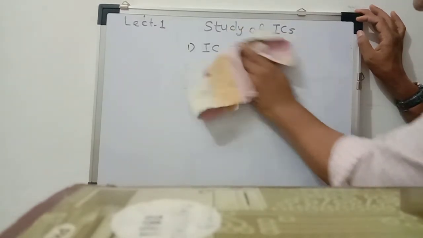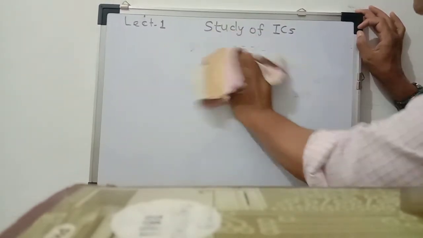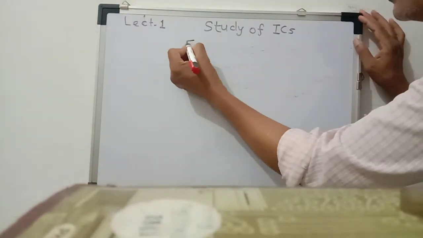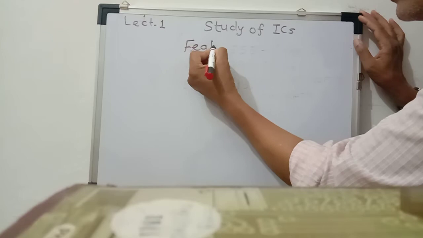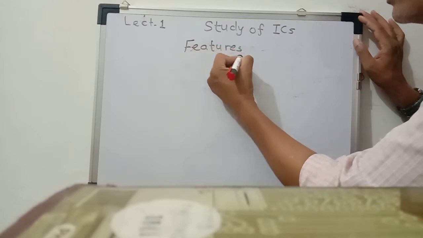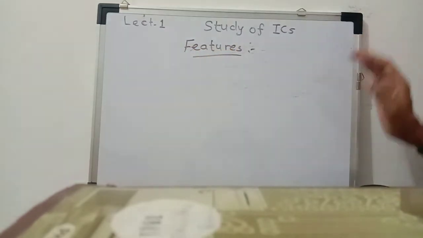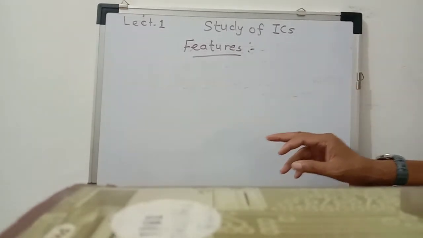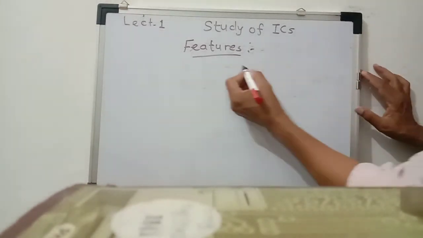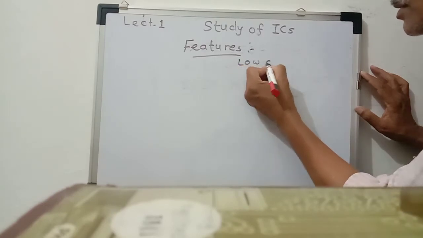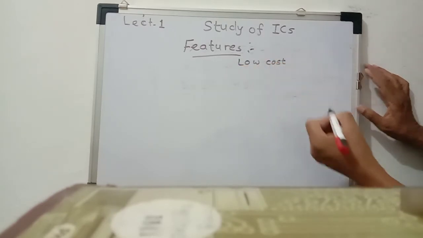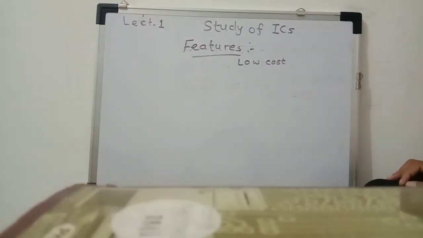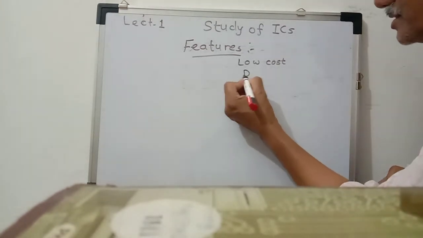First we will study the features of IC triple five. It is a low cost timer IC and it is available in DIP package.